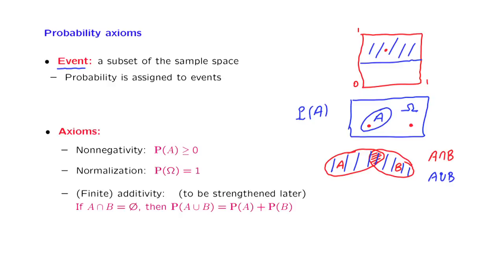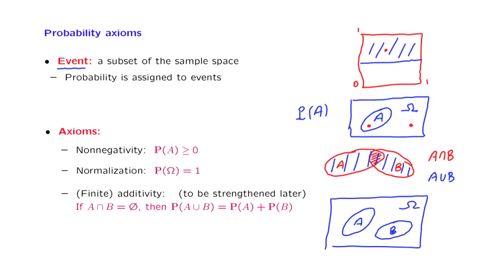After this reminder about set theoretic notation, now let us look at the form of the third axiom. What does it say? If we have two sets, two events, two subsets of the sample space, which are disjoint. So here's our sample space, and here are the two sets that are disjoint. In mathematical terms, two sets being disjoint means that their intersection has no elements, so their intersection is the empty set, and we use this symbol here to denote the empty set.